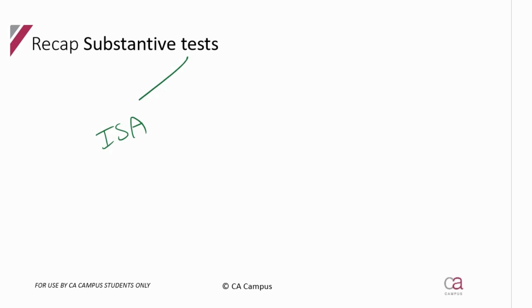Example, what you need to do for external confirmations, opening balances if it's a new client, using the work of internal audit or experts. Okay, we then went and said, well, let's go and look at some general procedures. So no matter what I'm auditing, whether it's a balance, a class of transaction, an individual transaction, I've got a starting point. I put those general procedures down.